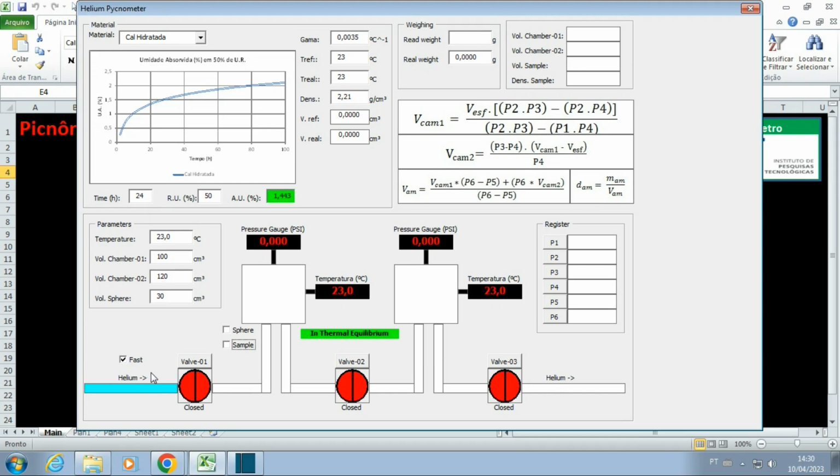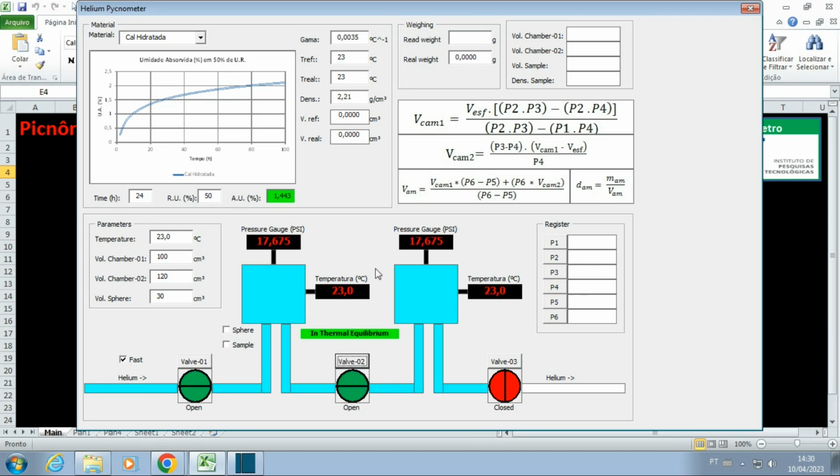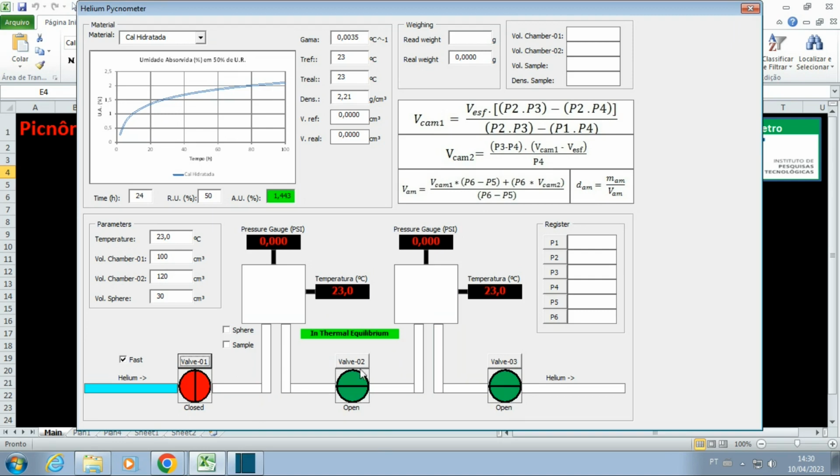We also have a set of three valves. The first for releasing helium gas into chamber 1, a second valve for releasing the excess of helium gas in the second chamber, and a third for expelling the gas. Let's divide the operation of the equipment into three steps.